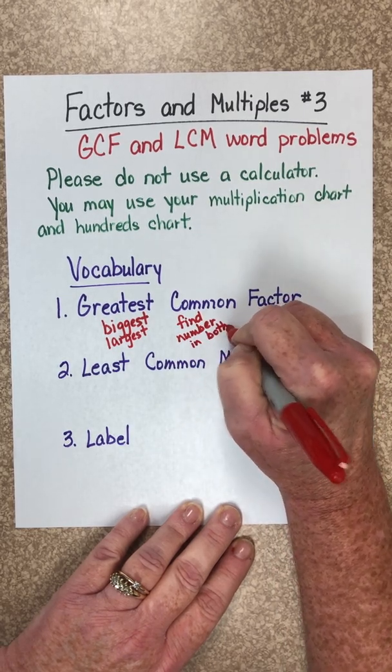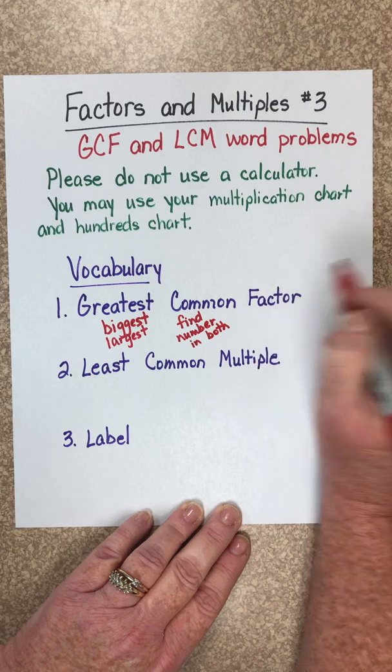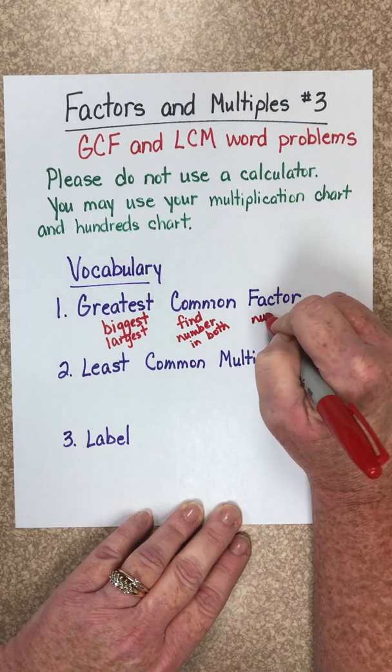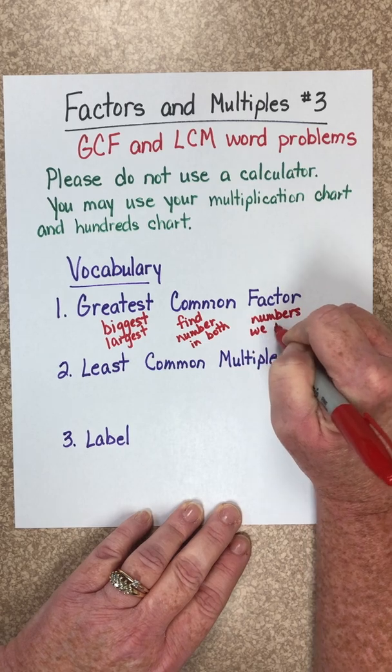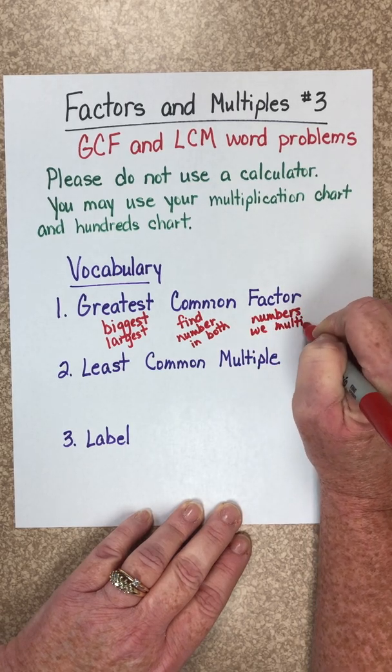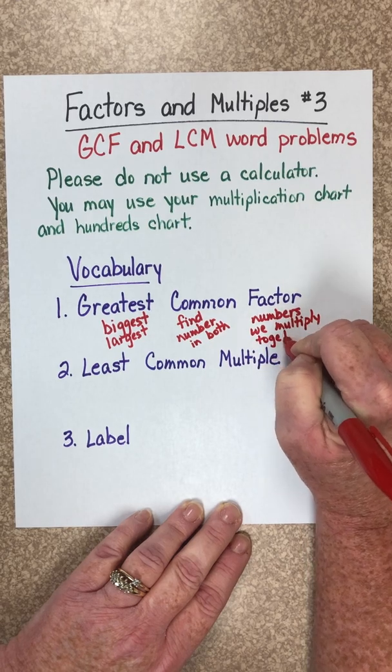Meaning both trees or both cakes or both lists. And factor, remember those are numbers that we multiply together to get a product.